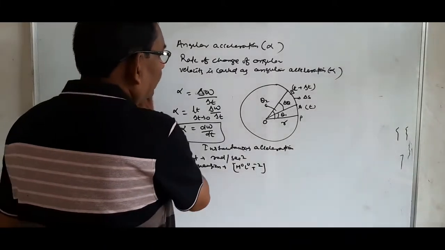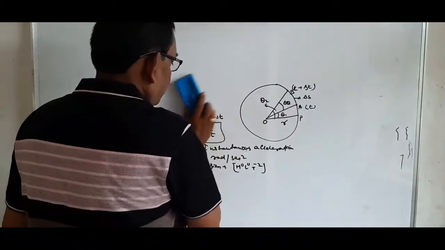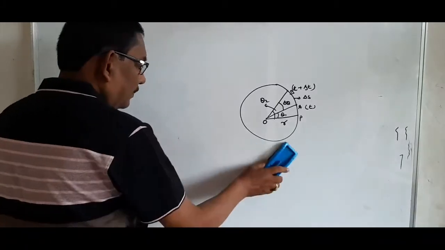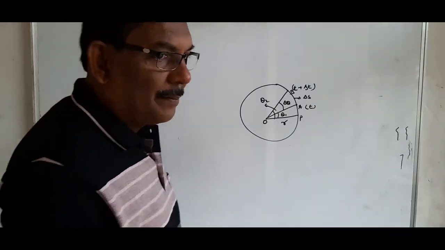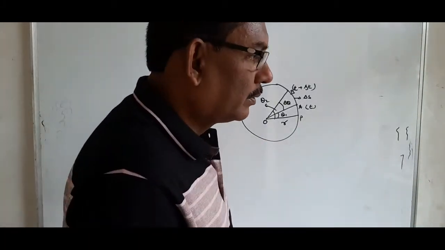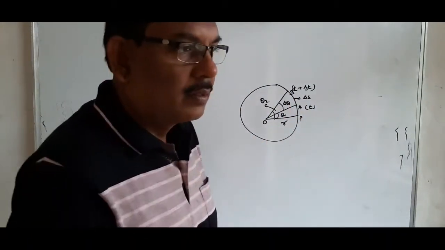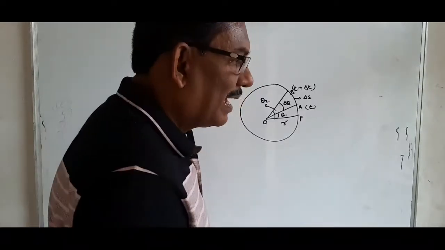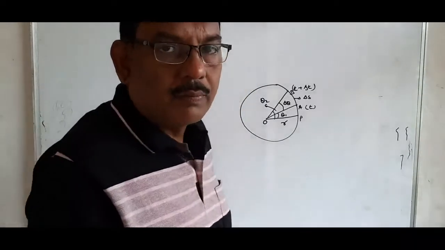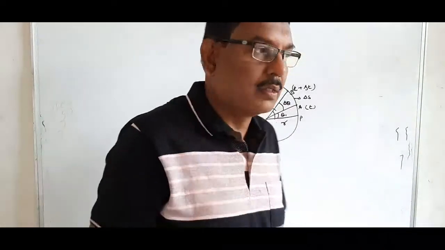Now the time period. The time taken by the particle to complete one revolution is called the time period, and the number of revolutions per second is called the frequency.